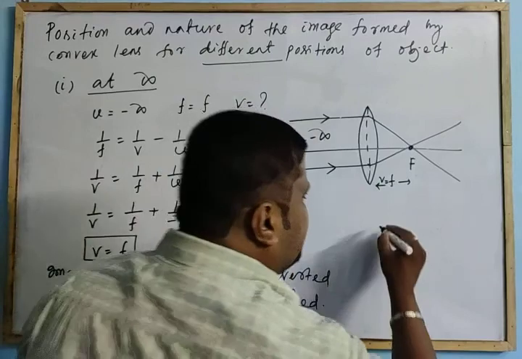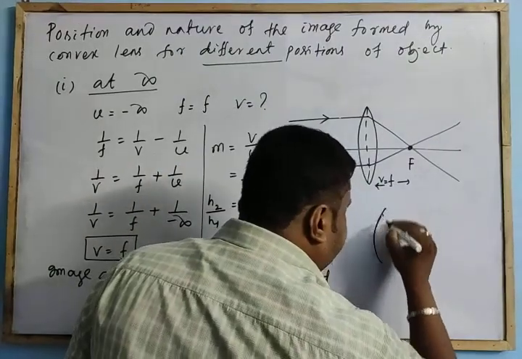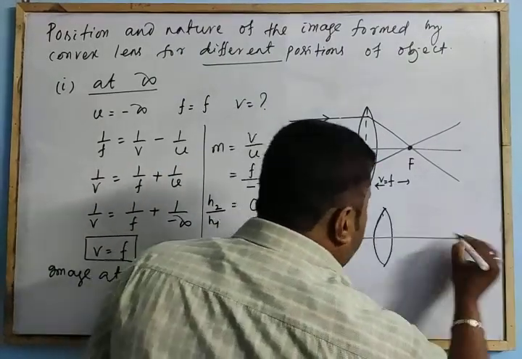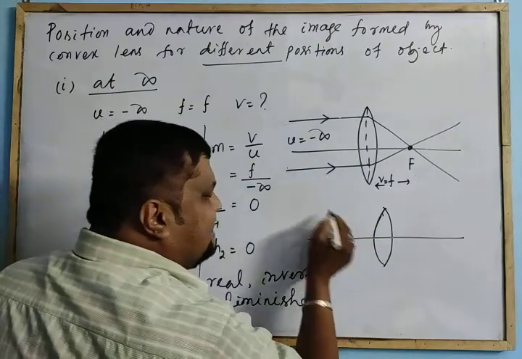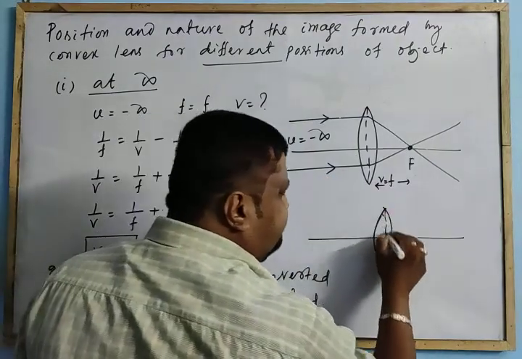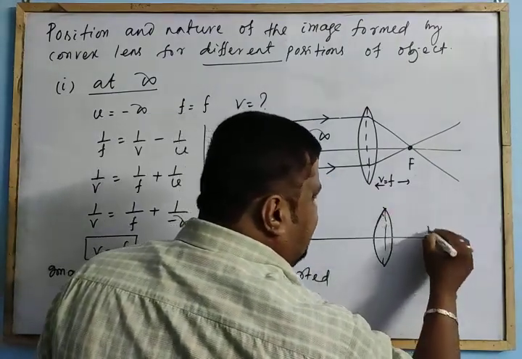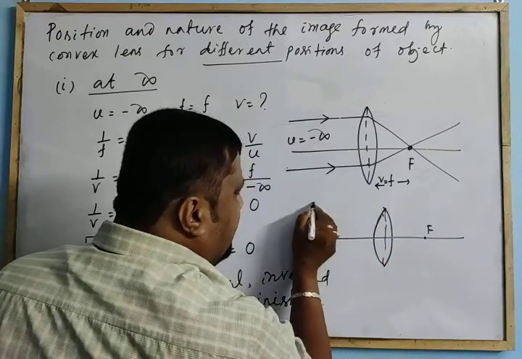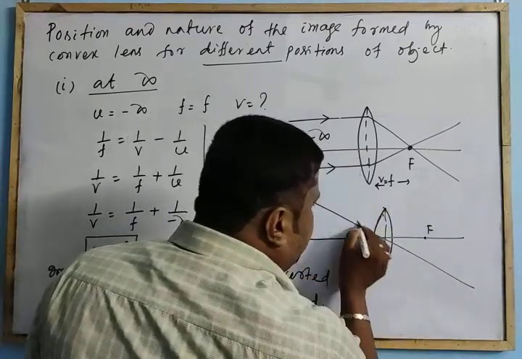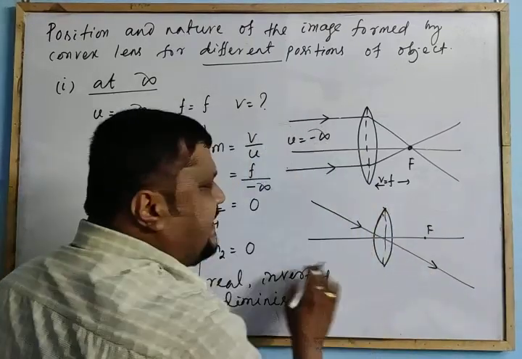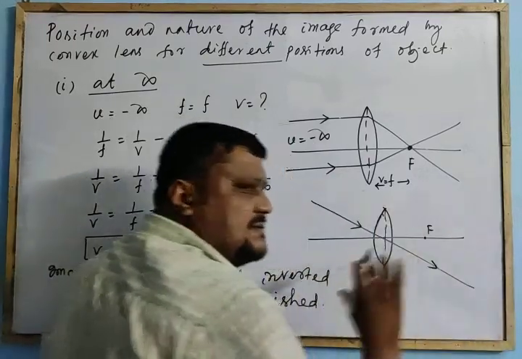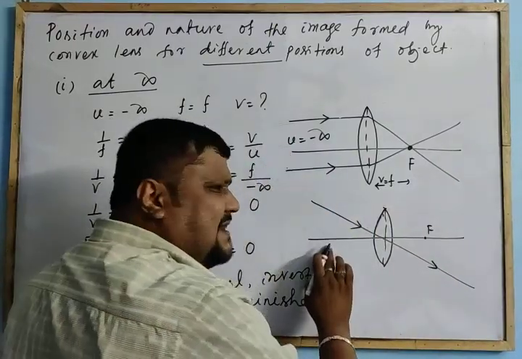Whatever may be the size of the object, you will get a point. Or you can also show this ray diagram another way: for an object at infinity, the rays are always parallel. Let this be the focus. We always get parallel rays from the object, not necessarily along the principal axis.